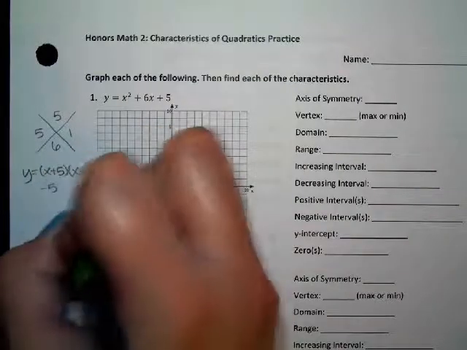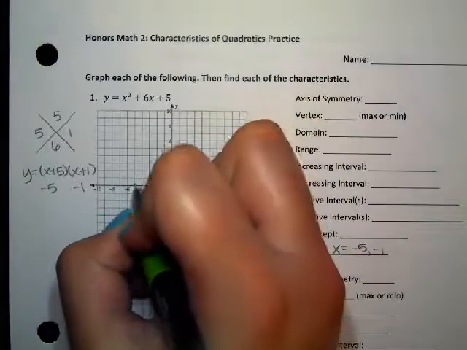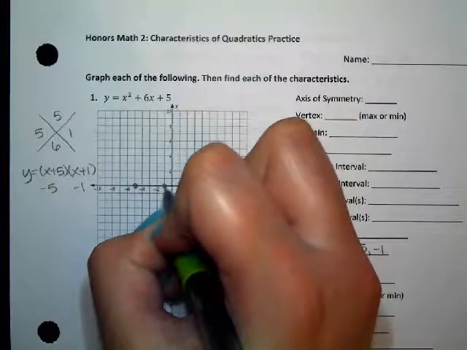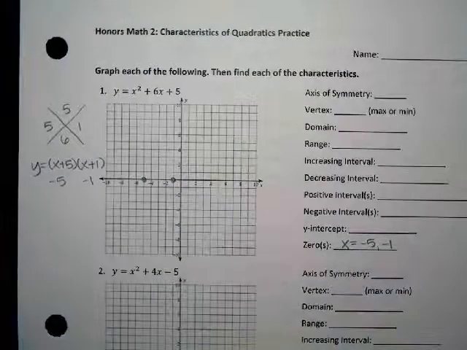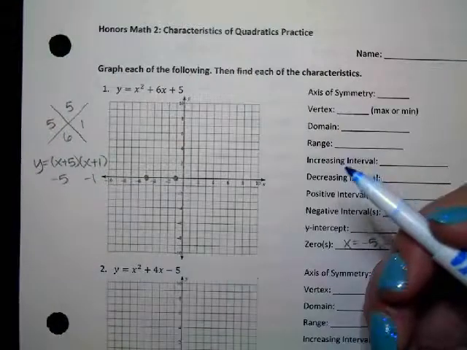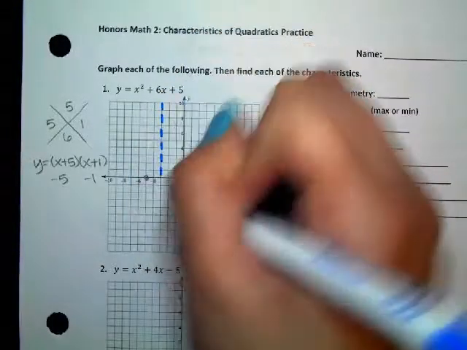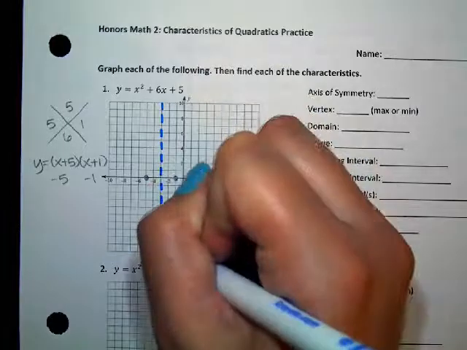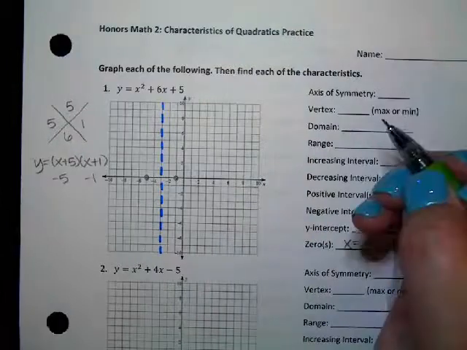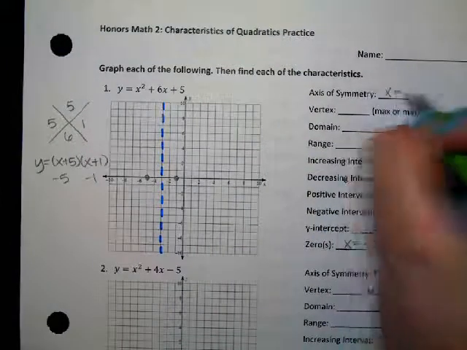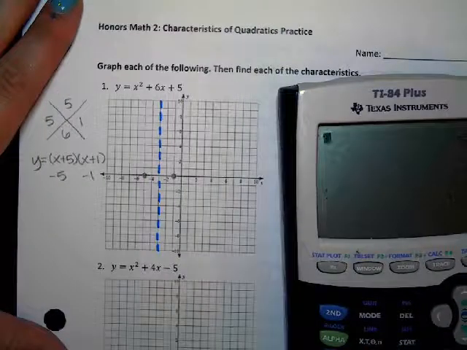So where is the axis of symmetry? All right, what is the y-coordinate of the vertex?